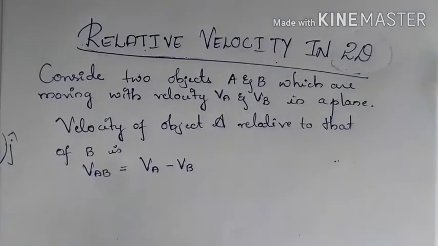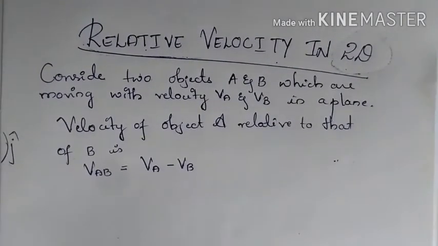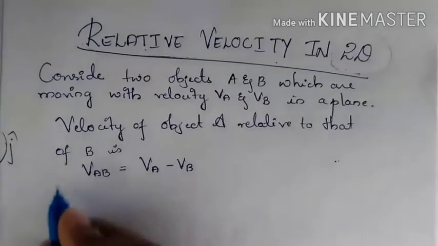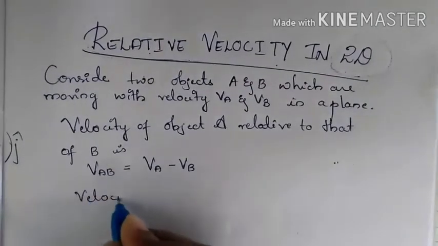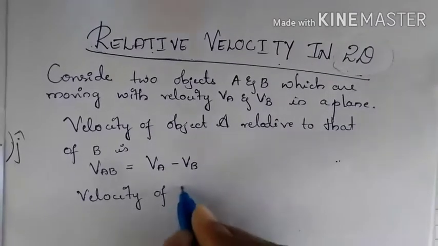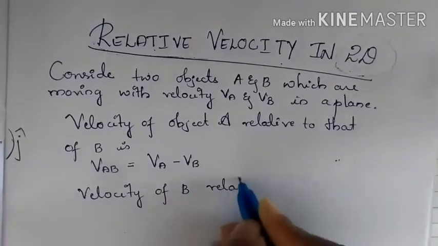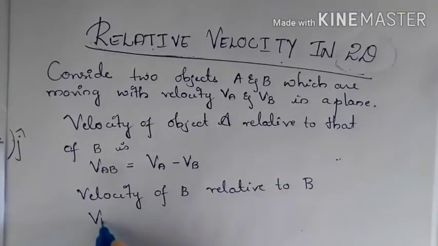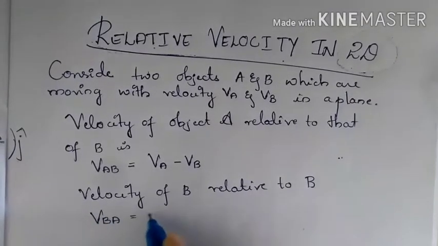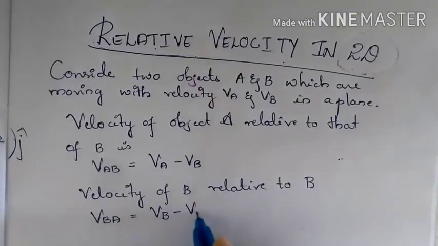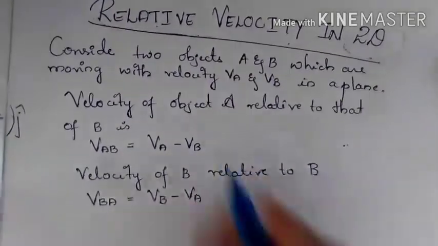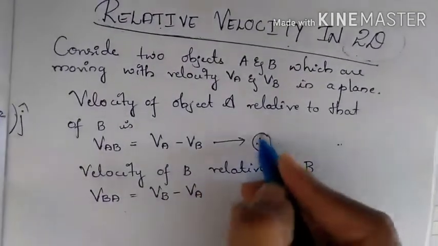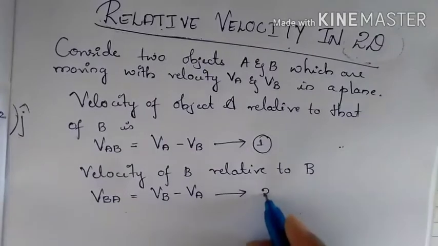Now if you write the velocity of B with respect to A, the velocity of B relative to A will be VBA, which equals VB minus VA. So you have two equations, equation 1 and equation 2.